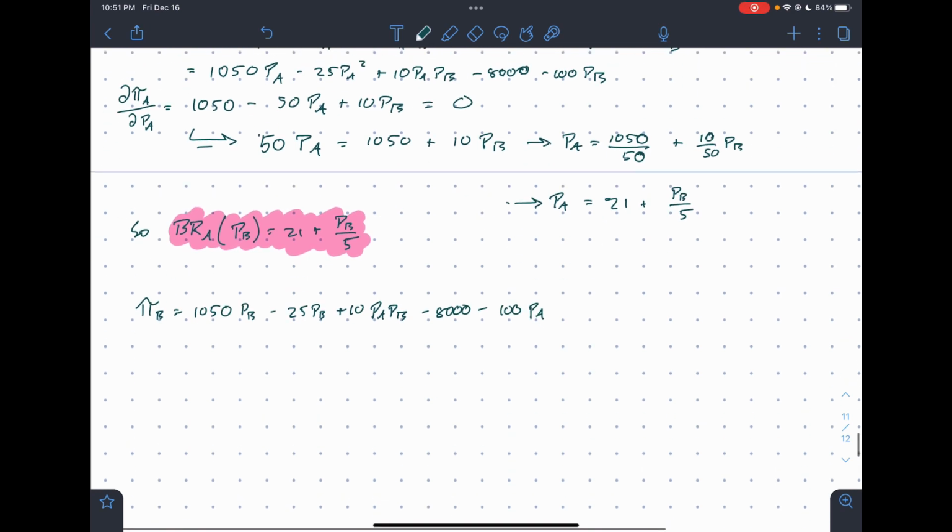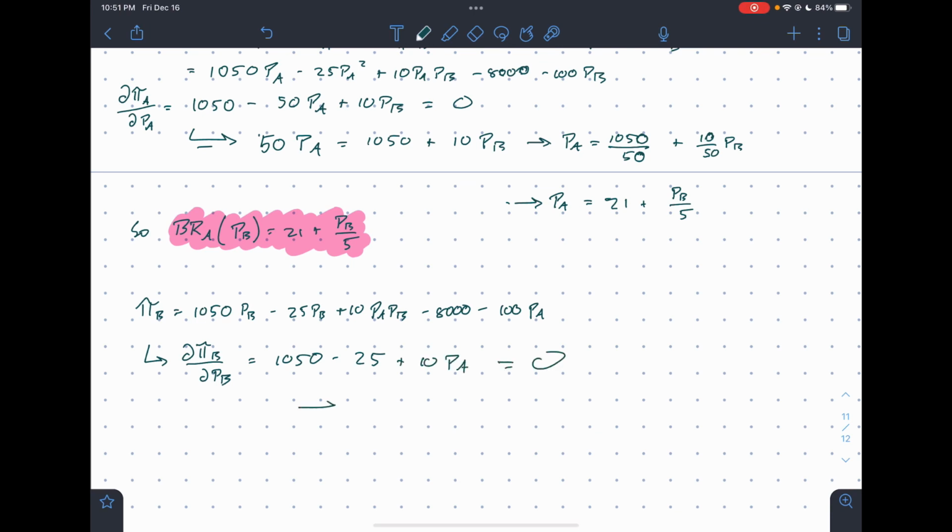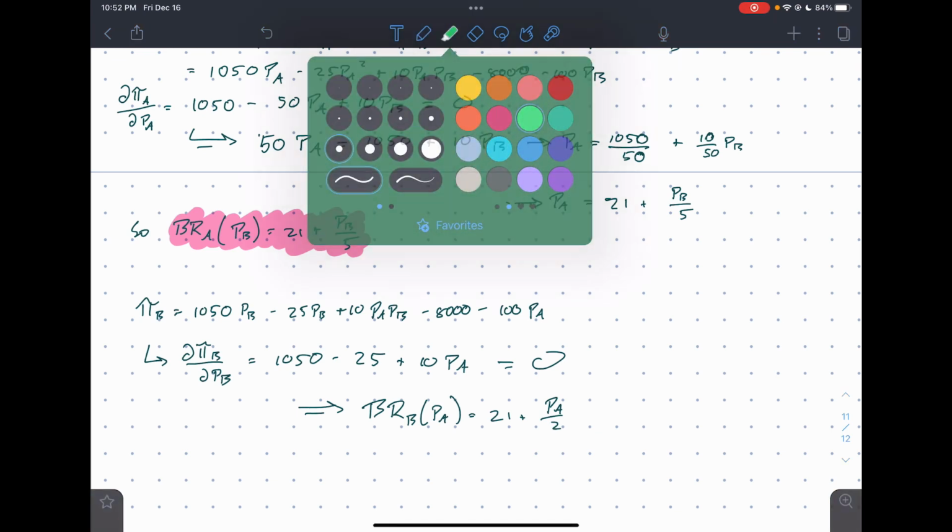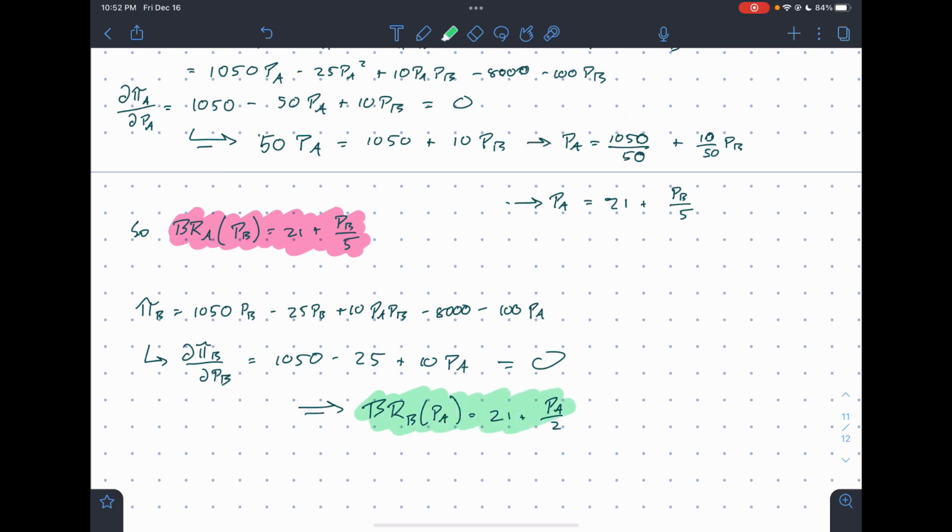Okay, so that's the profit function for firm B. We'll have a very similar derivative. We'll get the same best response function. We just interchange the indices. Okay, so that is the best response of B to whatever price firm A sets.